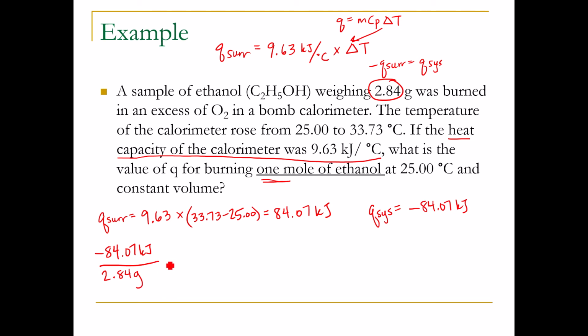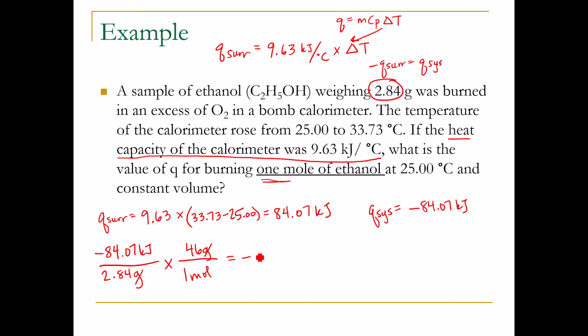Now if I want to know how many moles that would be, I'm going to use molar mass. So we calculate the molar mass of ethanol, and I get 46 grams per mole, and our grams will cancel out, and I'll have kilojoules per 1 mole, which is what it's asking me for.